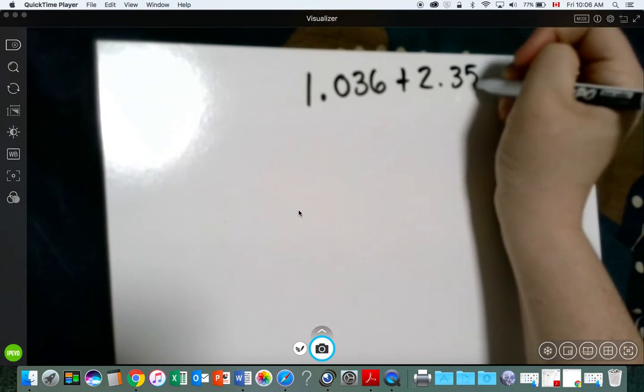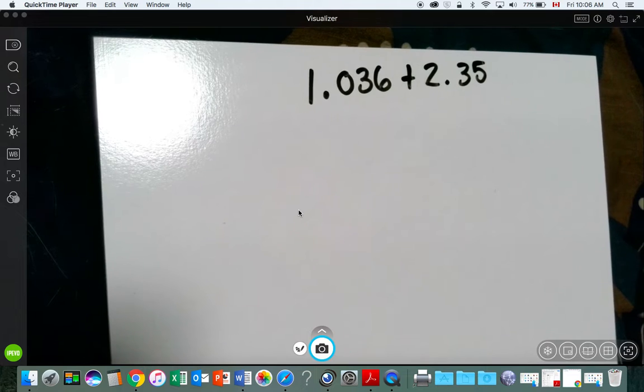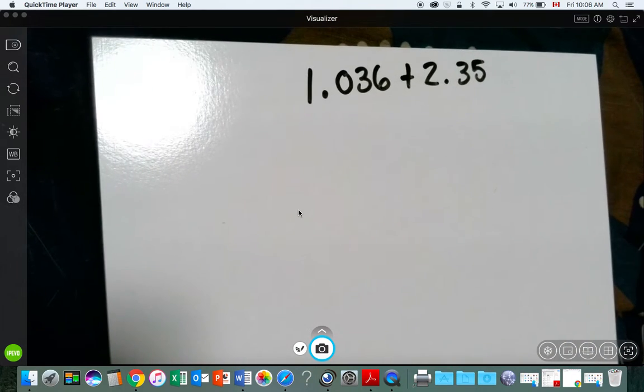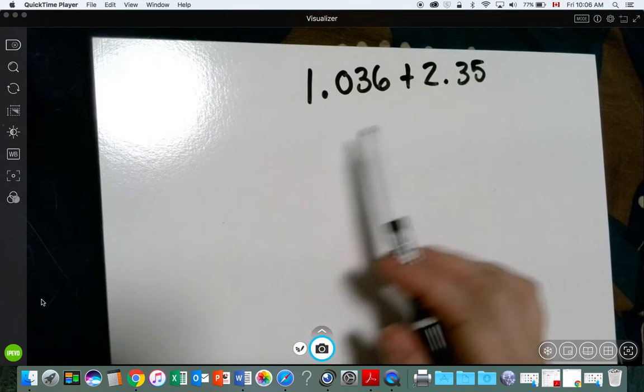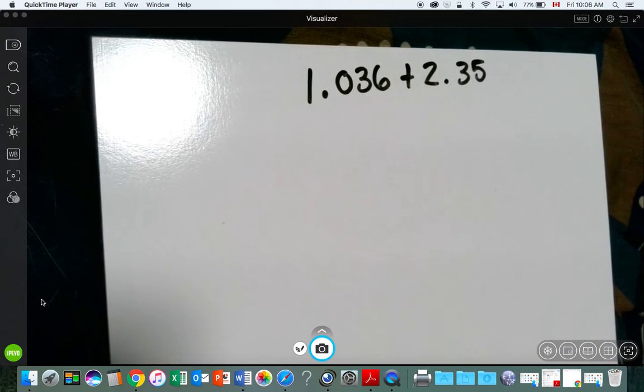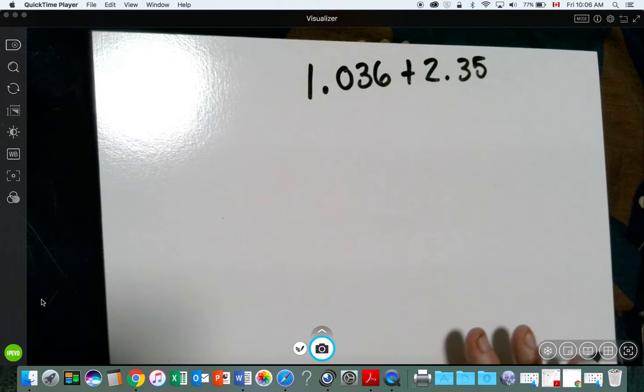Now when you add numbers together like this, this is where the traditional algorithm often messes students up because they don't put the right number underneath the other number. So I'll just show you how you would do it.